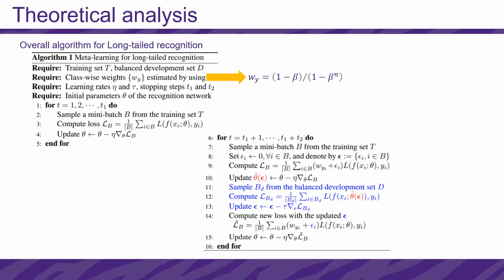And you can see from these two blue lines, they use the balanced development set D to get the updated epsilon, and then use the updated epsilon and combine it with the W to get the theta under training set T. So it makes sense. And from this line and the 13th line, you can find the initialization for the epsilon.